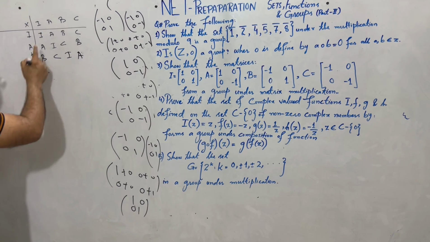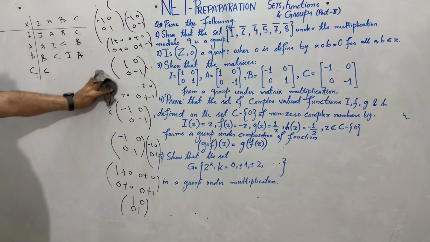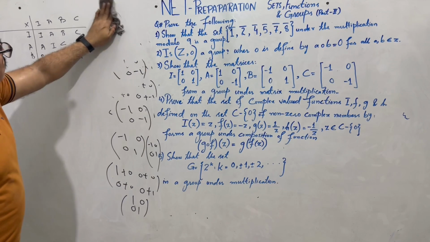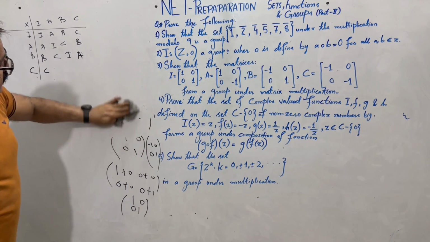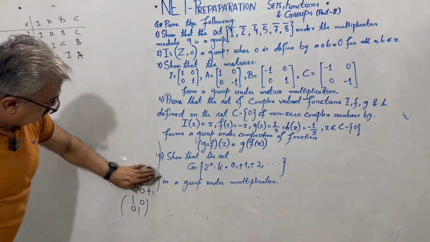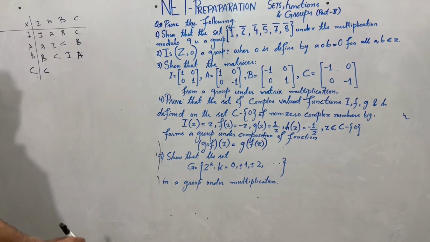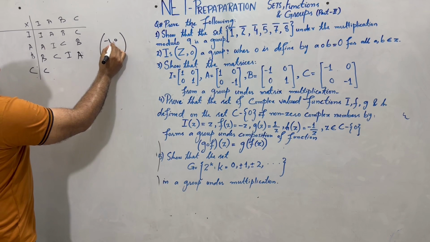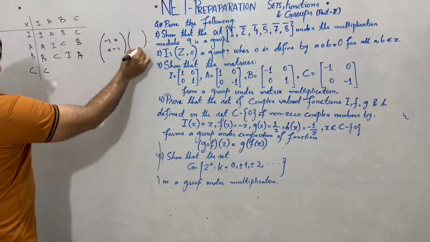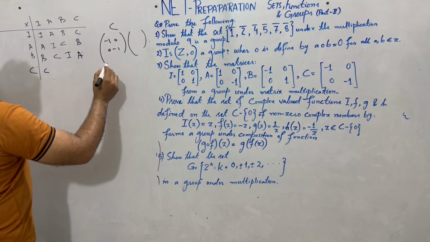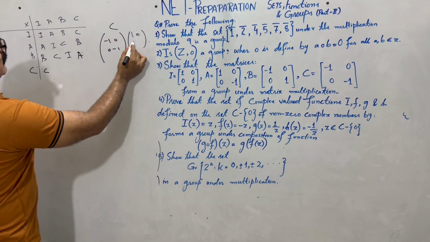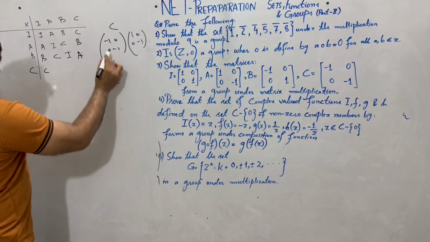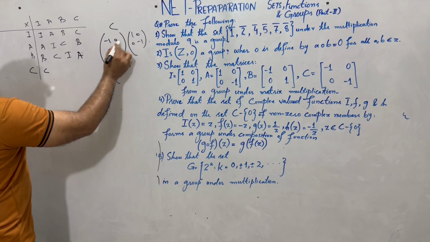C times I is C. C times A. What props up? Let's see and find out. Our C is [-1 0; 0 -1]. That's our C. C times A, where A is [1 0; 0 -1]. That's our minus 1 plus 0.